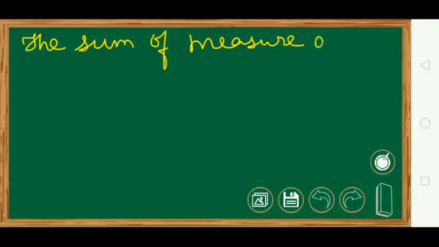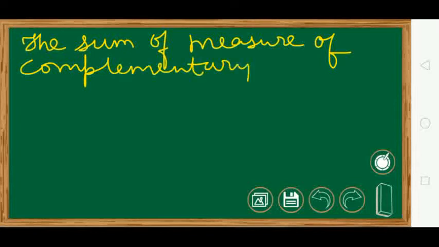The next was the if then. It was completely a disaster, I will say. Now see, the sum of measure of complementary angles is 90 degree.